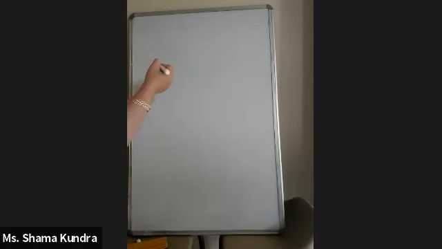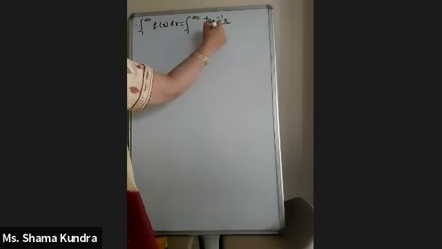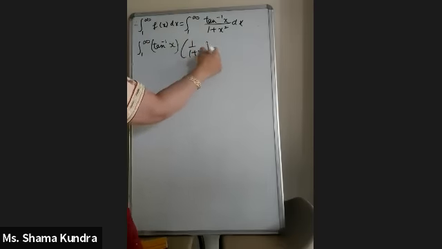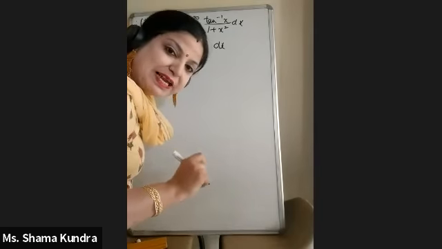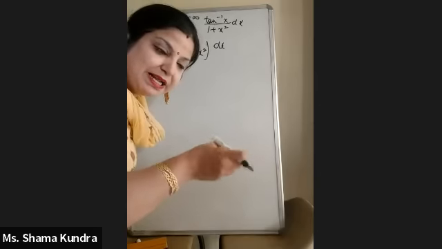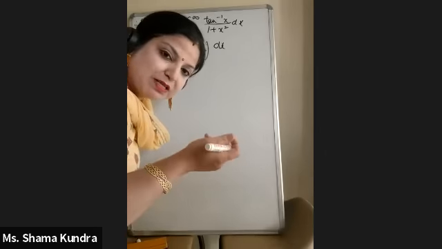The derivative of tan inverse x is 1 over 1 plus x squared. There is one rule: if the integral of f of x raised to power n into f dash x dx, meaning the derivative of f of x is present with it, its formula is f of x raised to power n plus 1 over n plus 1.